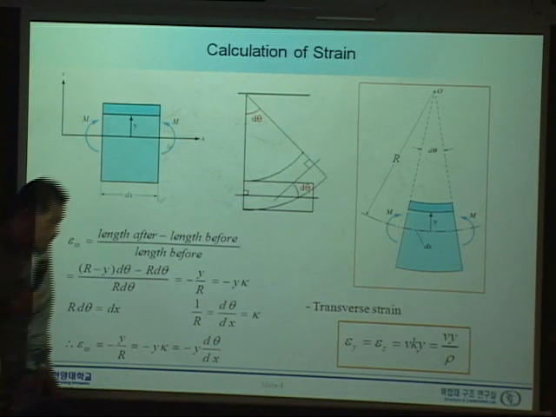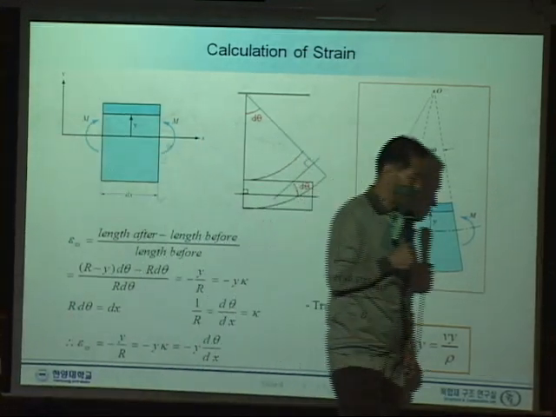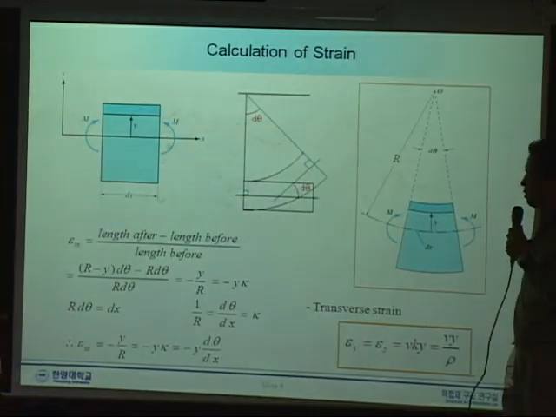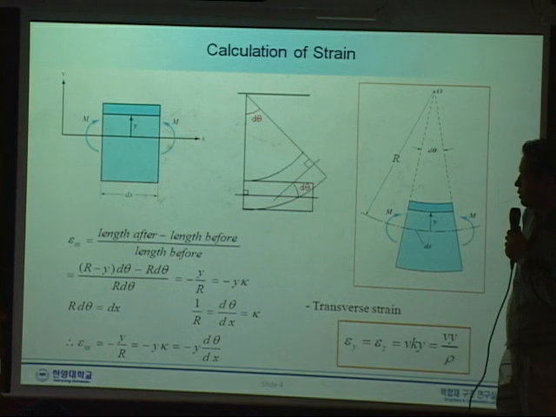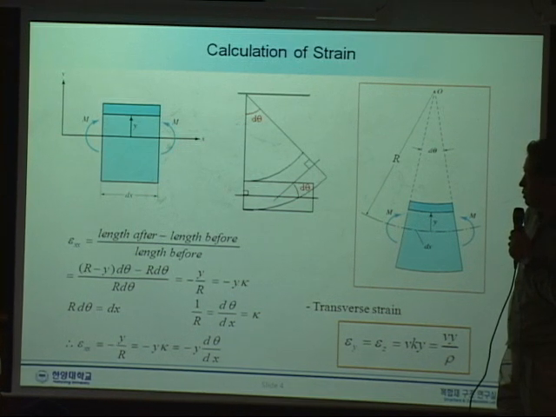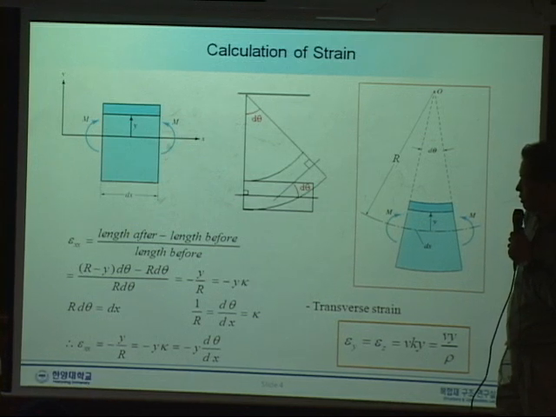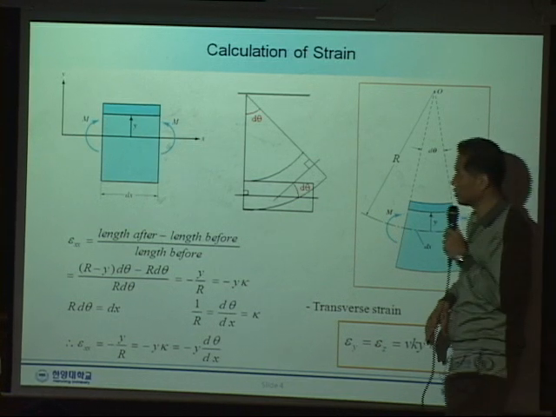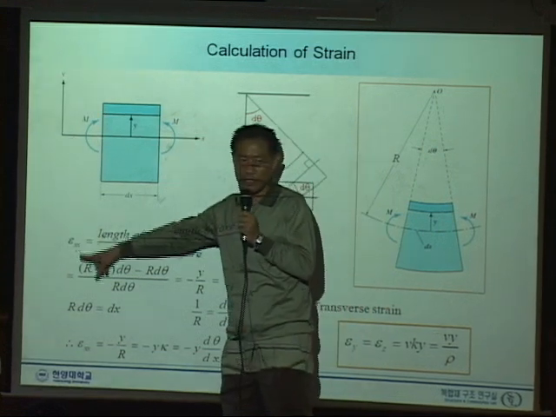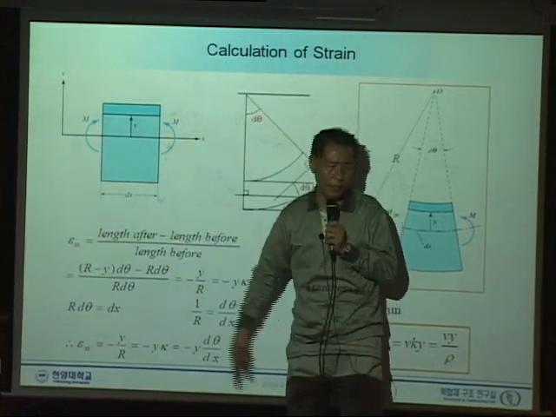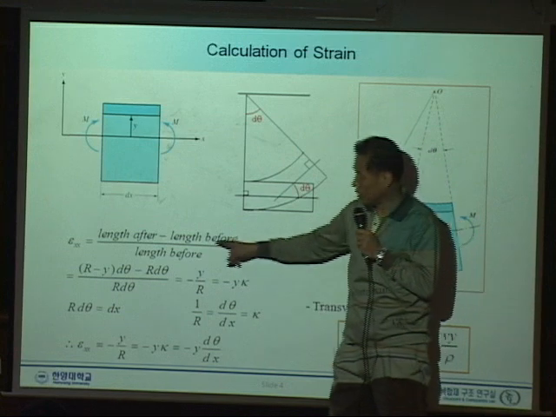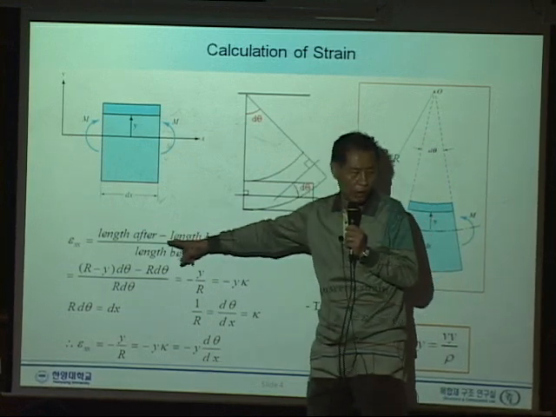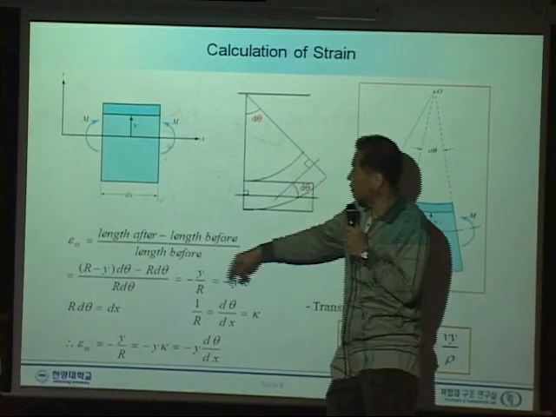Now let's try to clarify a little more, use some symbols and definitions. Again, x-directional strain is simply defined as incremental displacement over original length.